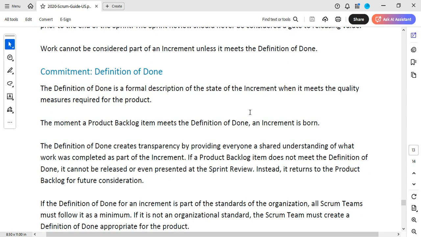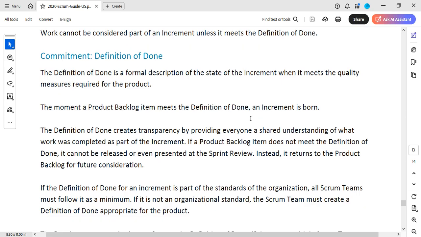For example, in a sprint, you were unable to achieve some task. You cannot present it to the product owner. It gets put back in the product backlog. You now allow the product owner to decide what to do with it.